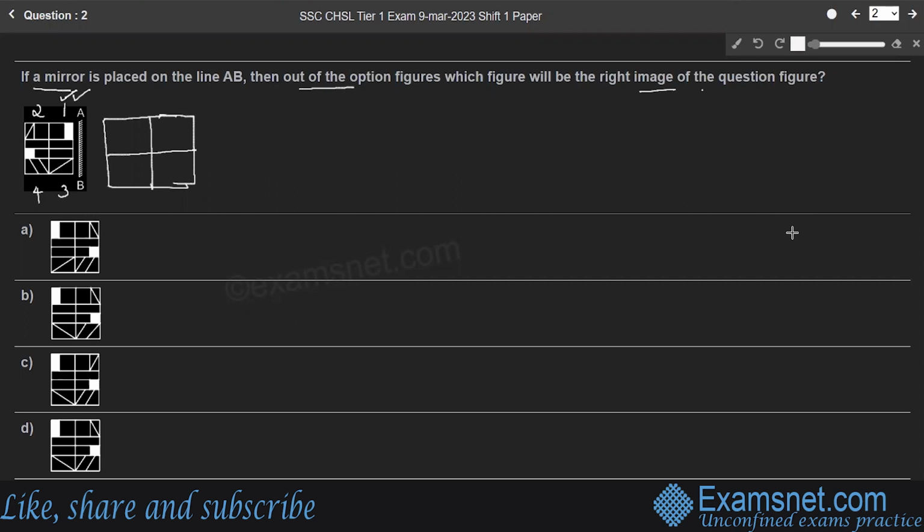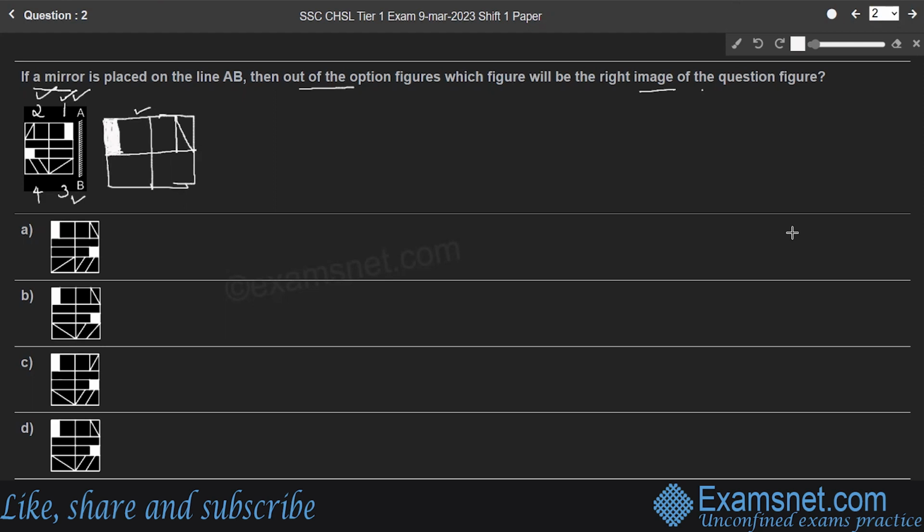So the mirror image of the first part: the shaded part comes first, right? Since this shaded part is to the right of the first part, in the mirror image it will be to the left, right? And the next part will be as it is, blank. So consider the second part. The mirror image of the second part will be like this, right?